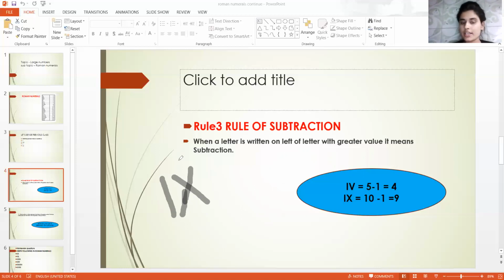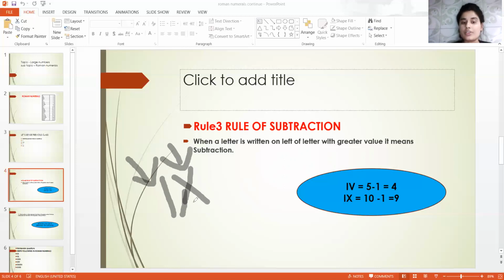Yes, the right one is greater, and the left one is smaller. If the right one is greater, you have to apply the rule of subtraction instead of addition.